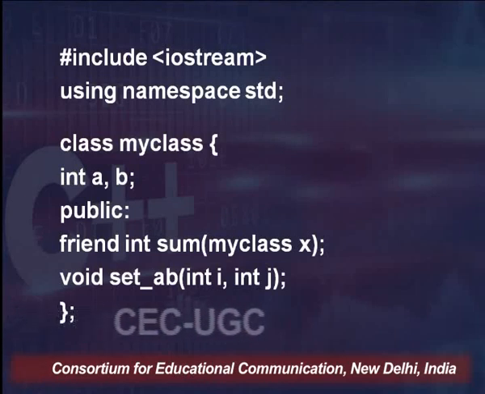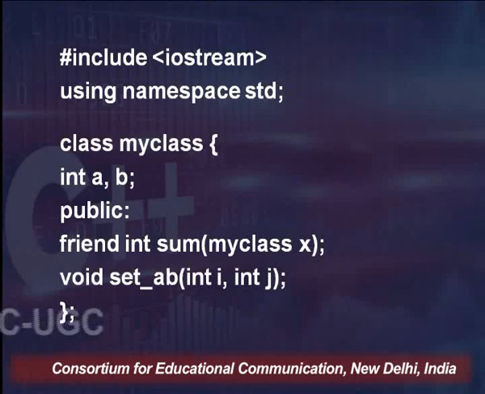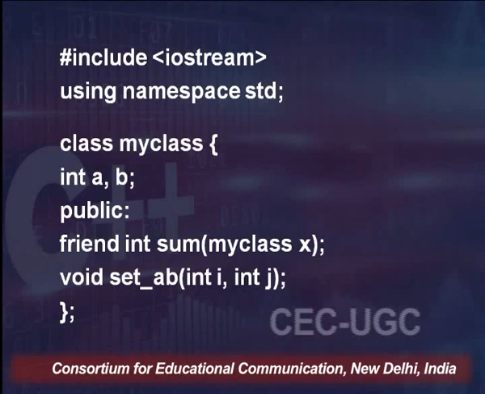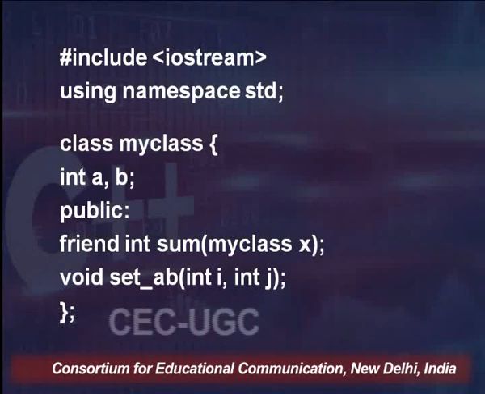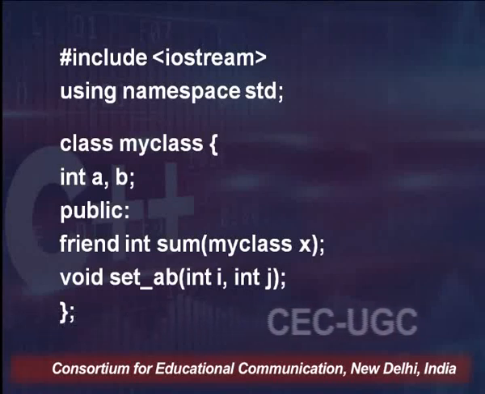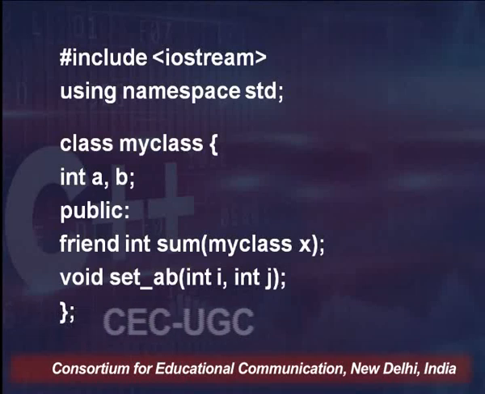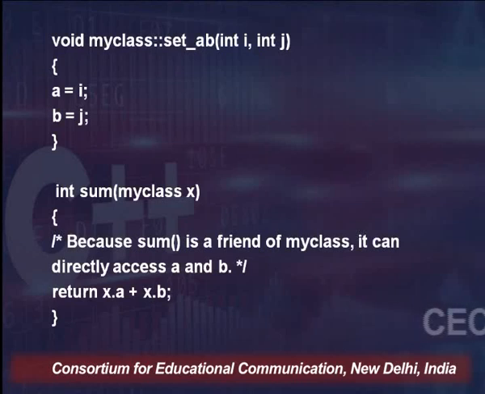If it is not a friend function, it will be treated as a normal member function of the class MyClass. That other member function is set_ab, and it takes i and j. Now, after defining this class structure, we need to define the bodies of the functions sum and set_ab, in which sum is a friend function and set_ab is the member function of this class. So how are we going to do that?